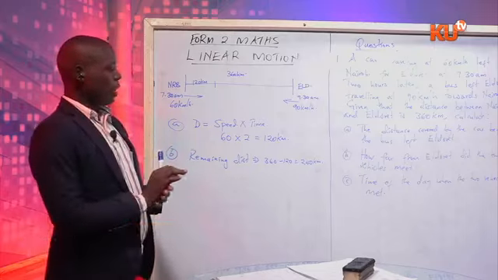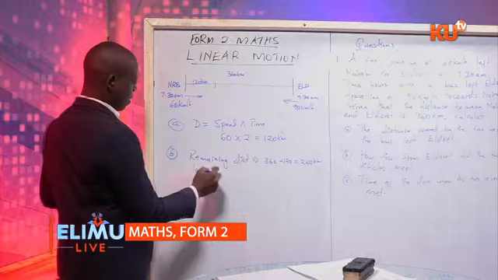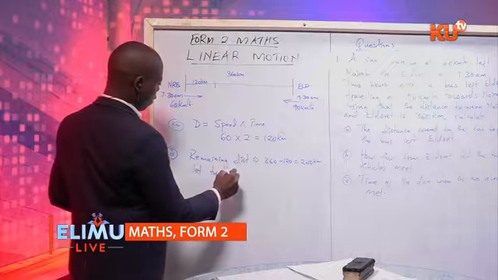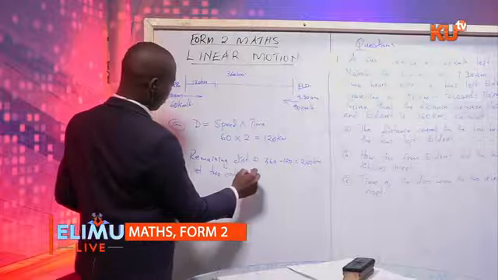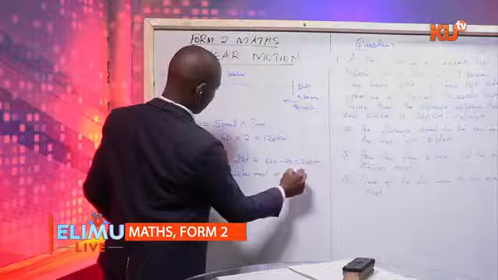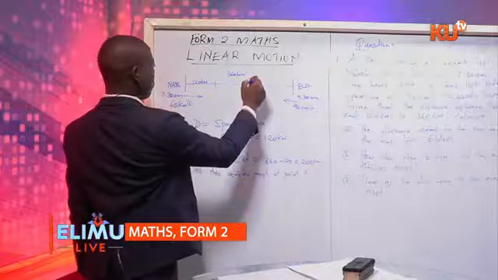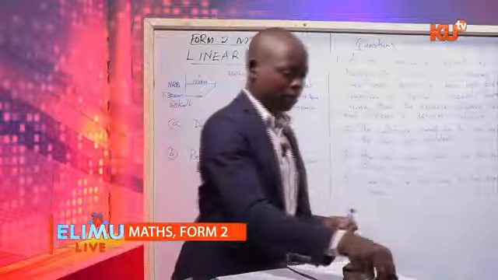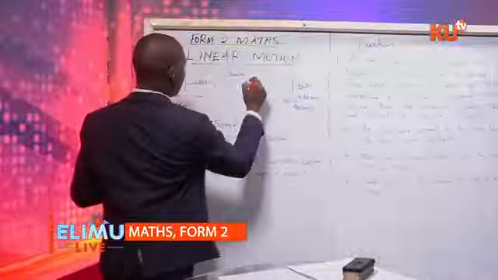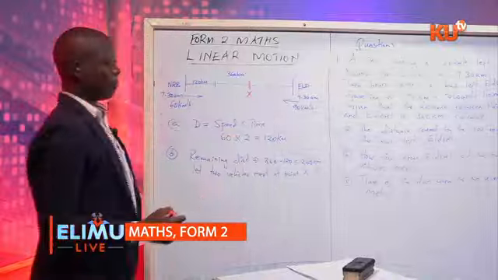And so I want us to assume, or to let, the two vehicles meet at point X. And so I will come to my diagram. This is point X. So this is where they are meeting. Where we have the red line, this is the meeting point.